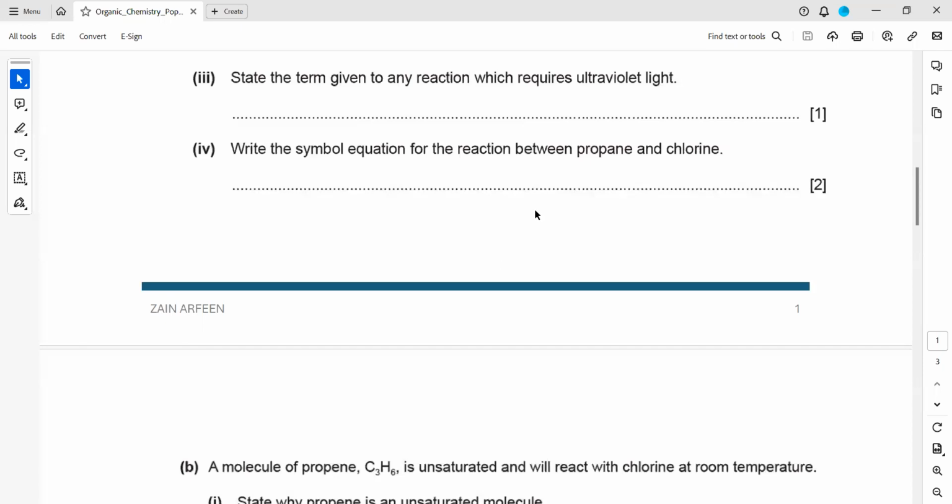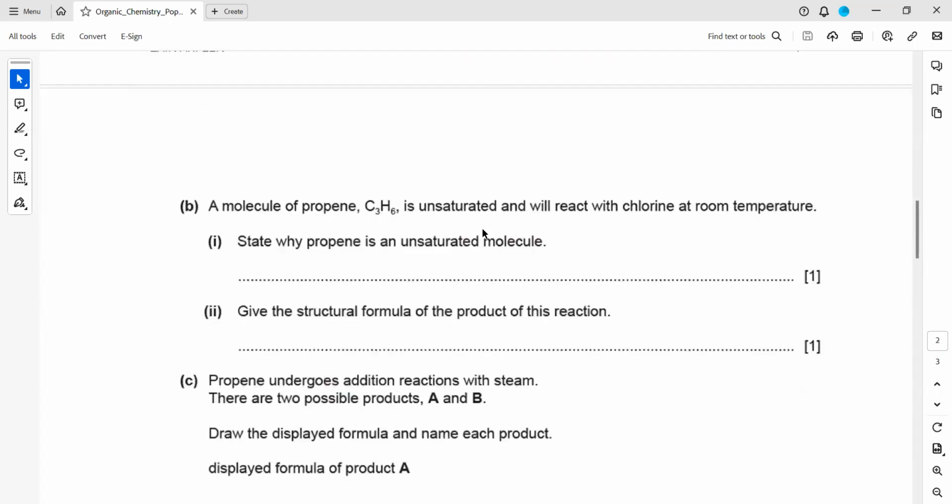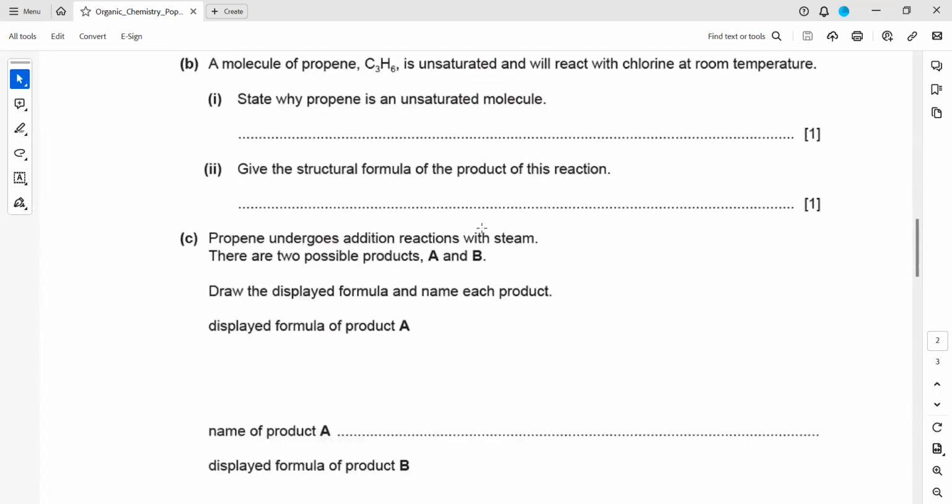So when propane reacts with chlorine, it will produce chloropropane plus HCl.